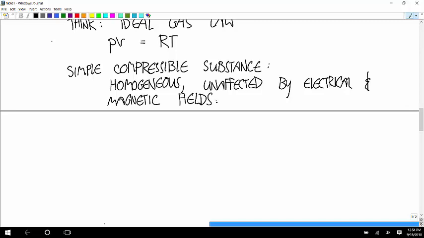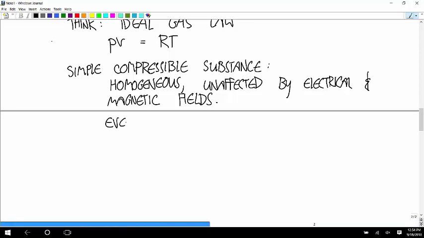And this will cover every material that we're going to talk about in this class. So any kind of engineering material that we're talking about in a liquid or a vapor phase is going to be a simple compressible substance in this class.